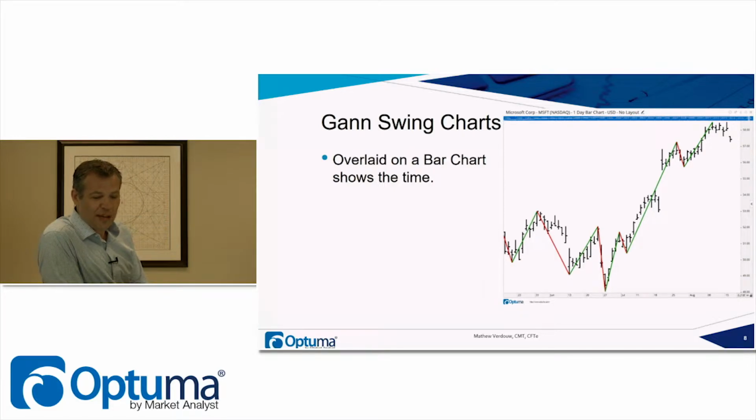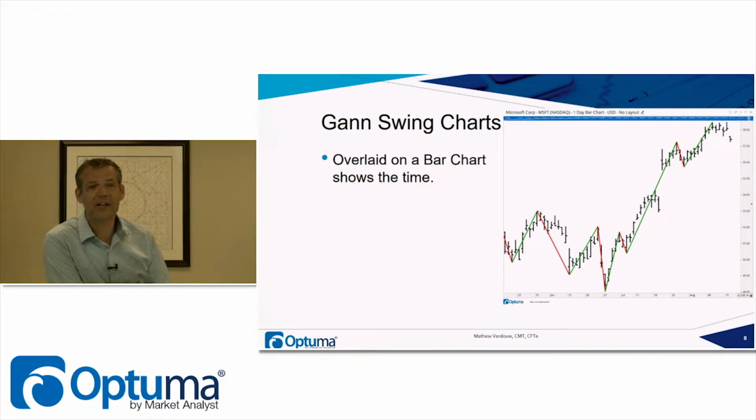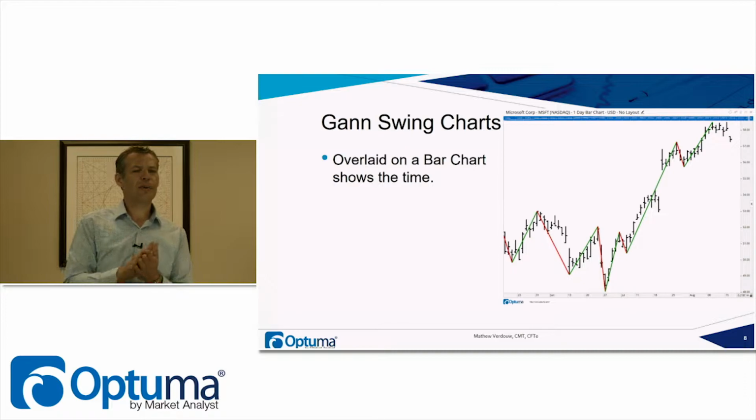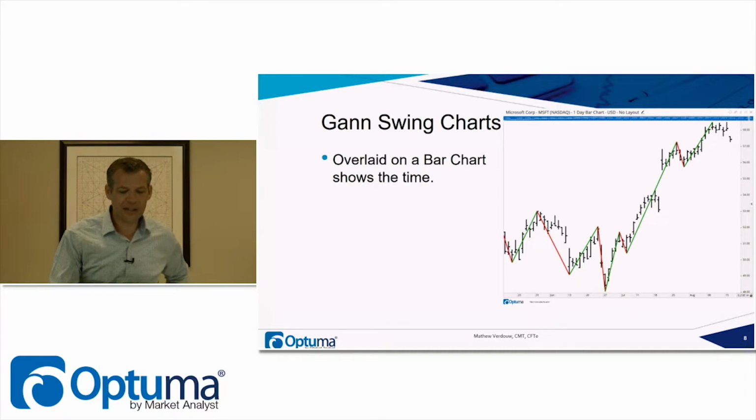So here's a 2-bar swing chart again, but this time we are overlaying it on top of a bar chart. This lets you see a little bit more about what's actually going on. You can see here that we've got the swings coming down, and then we get the signal to say the trend is up. We get a bit of a retracement there, up, retracement there.